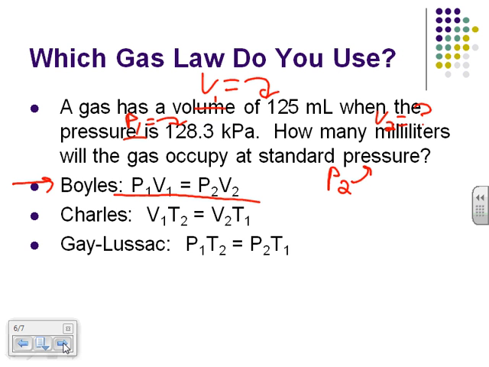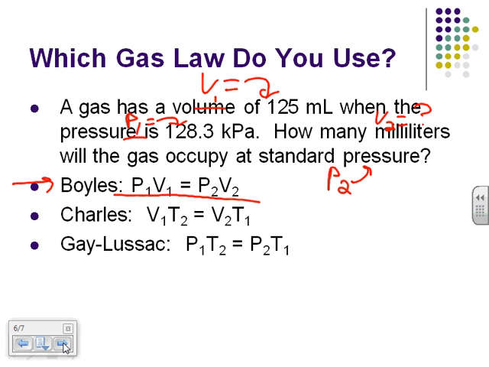Now the question is, what is standard pressure? If you look on the front page of your packets, you will see what we had on our variables. You'll see that pressure has a number of different standards to it, depending on what units you're using. So standard conditions, if you're talking atmospheres, is 1. If you're talking bars, it's 1.013 and so forth.